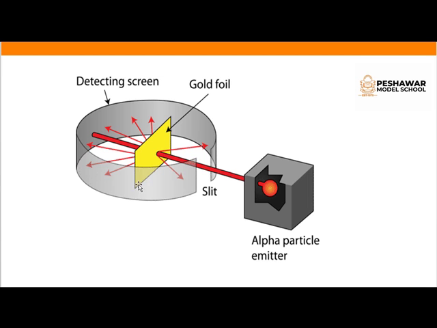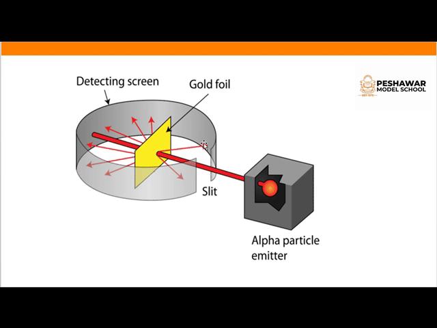This is a zinc sulfide foil, which was used as a photographic film, or fluorescent screen, in order to detect the radiations after the emission of light. So this was the experiment of Rutherford.